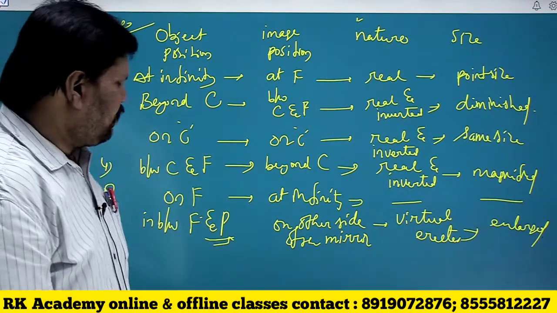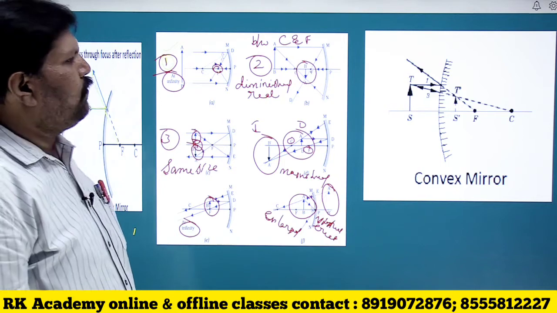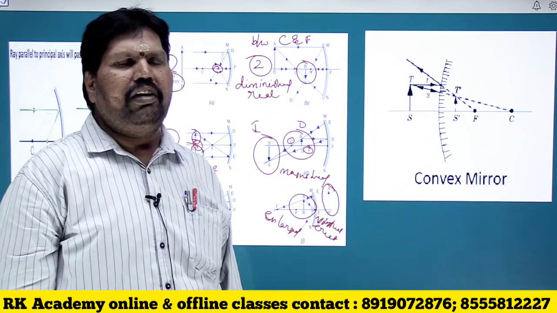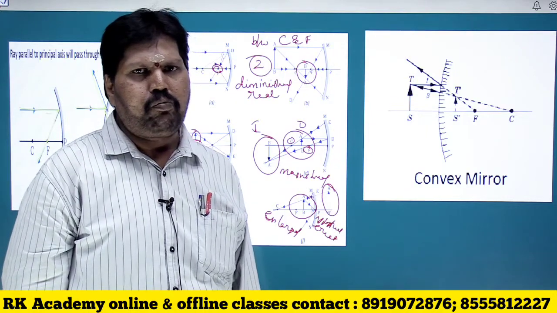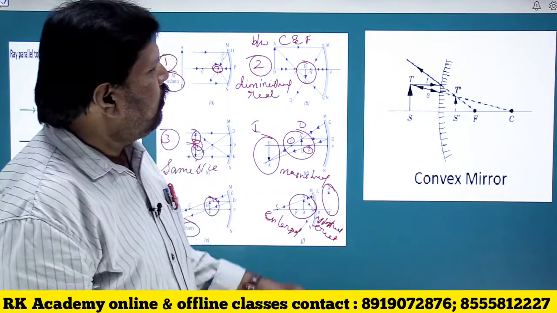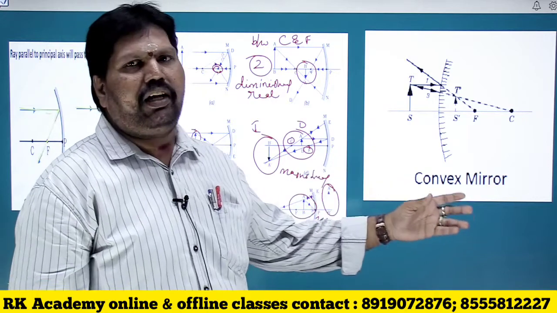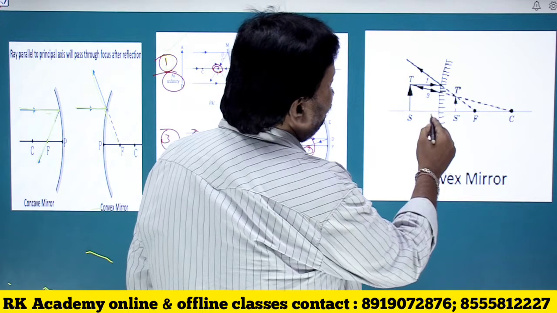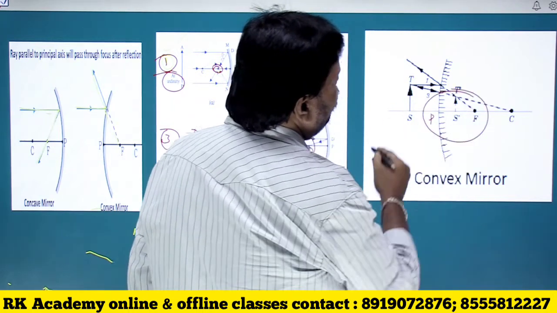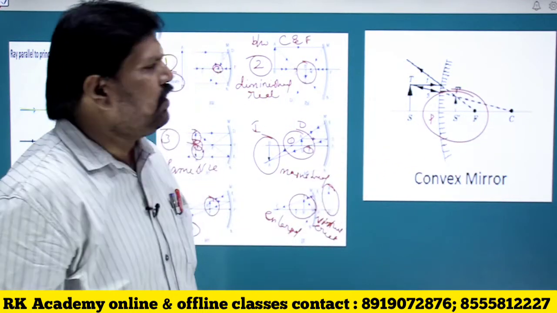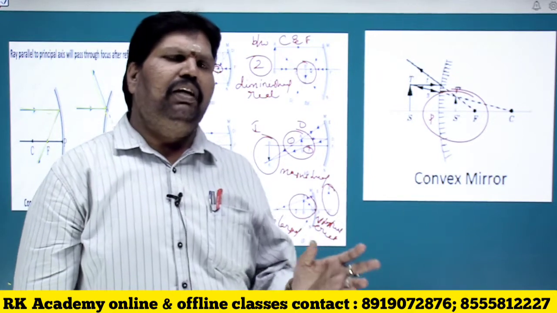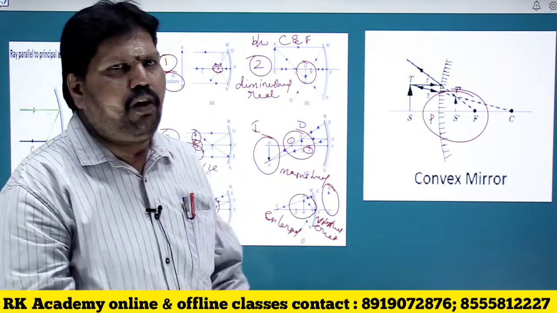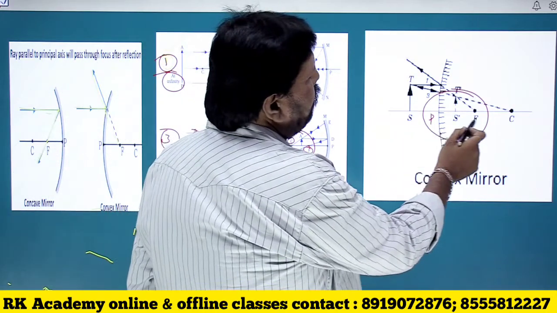Okay, now let's come to the image formation using a convex mirror. As all of you know, a convex mirror is a diverging mirror where the image is virtual and erect, that always forms in between pole and focus wherever you keep the object. From infinity to the mirror, the image is always formed in between pole and focus.